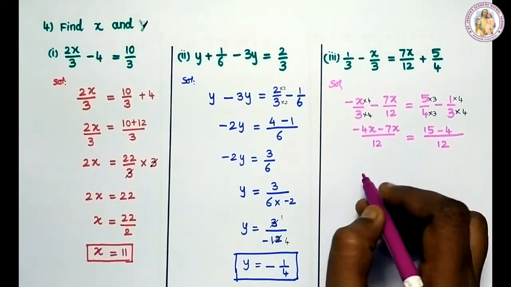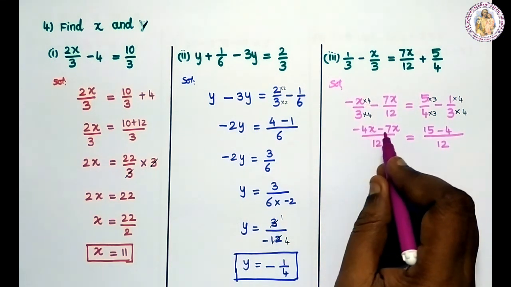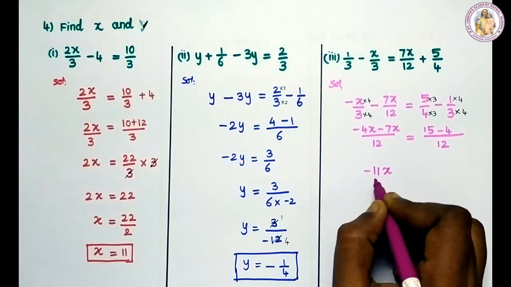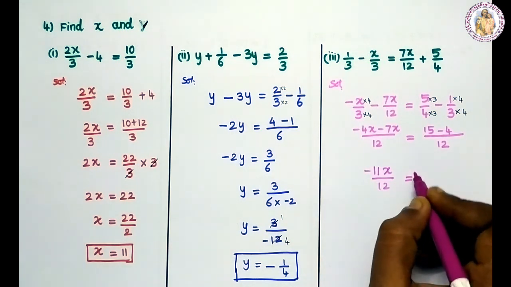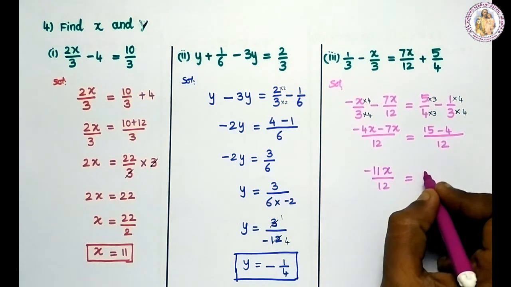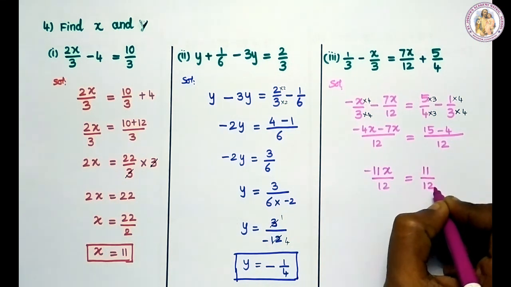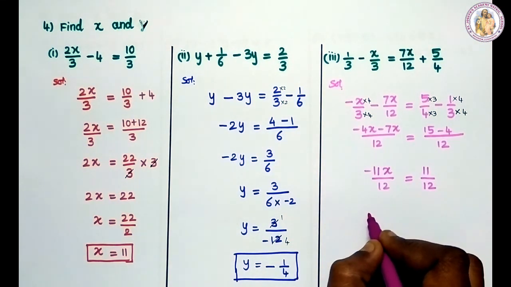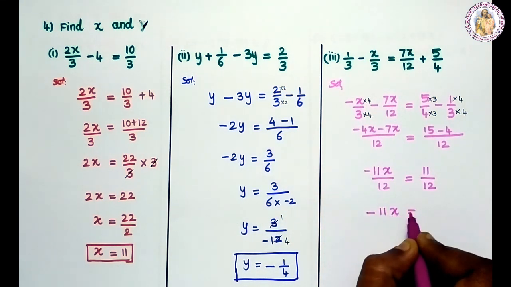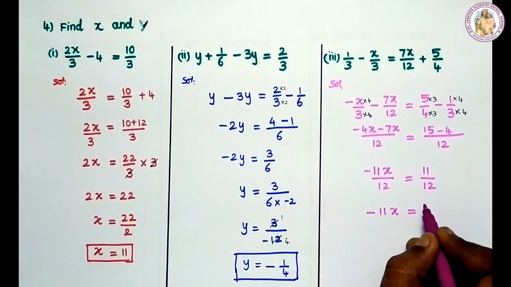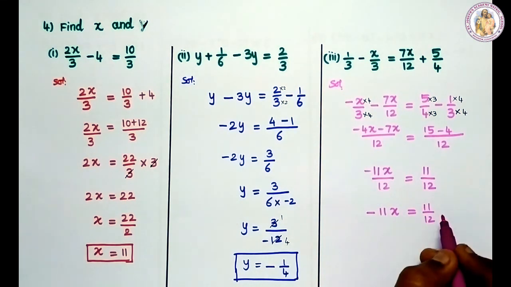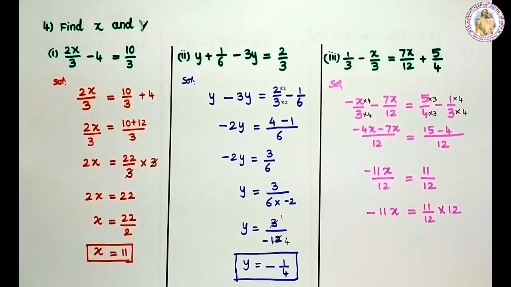Now minus 4x minus 7x means we get minus 11x by 12 equal to 15 minus 4 divided by 12, that is 11 by 12. Minus 11x equal to 11 by 12. Here 12 is in division, it becomes multiplication.